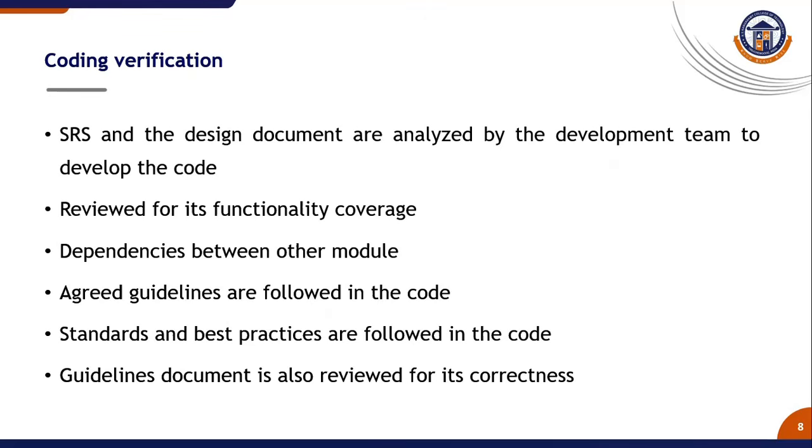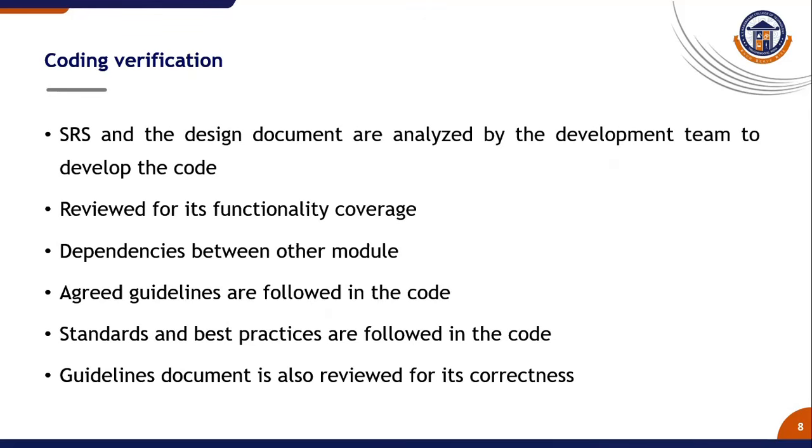Next one is coding verification. SRS, the software requirements specification, and the design document are analyzed by the development team to develop the code. The code is reviewed for its functionality coverage, dependencies between other modules are checked, and whether agreed guidelines, standards and best practices are followed in the code or not.